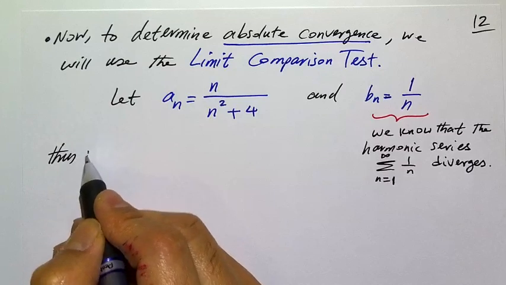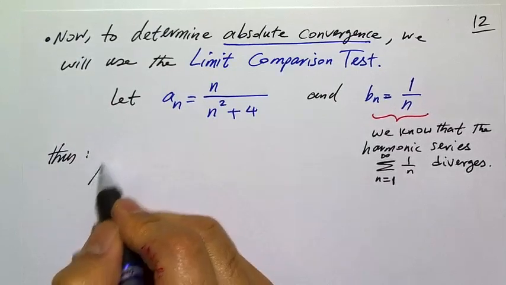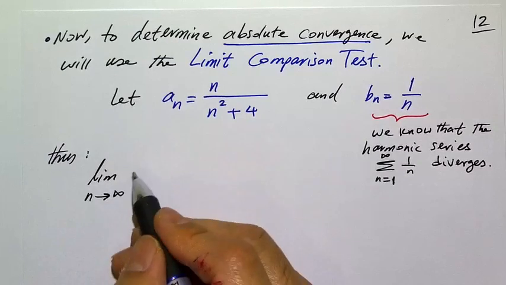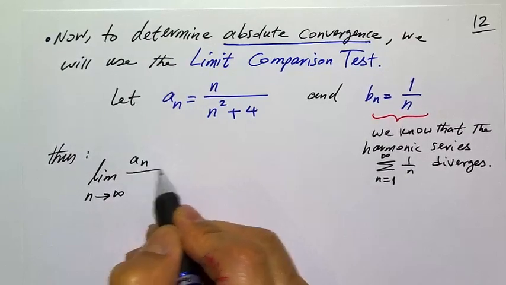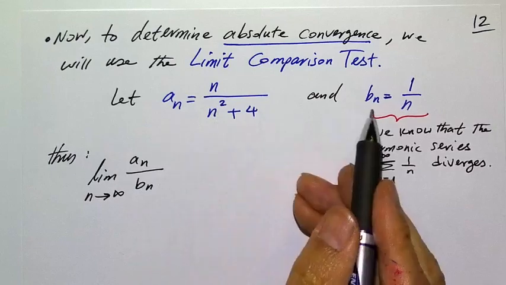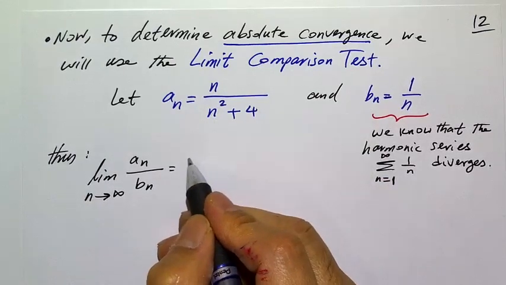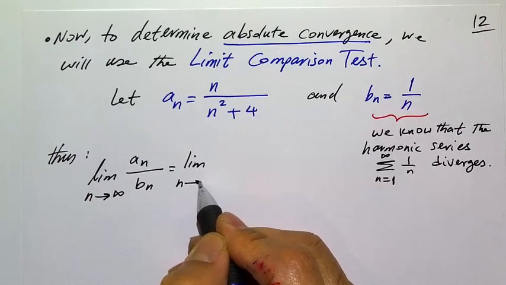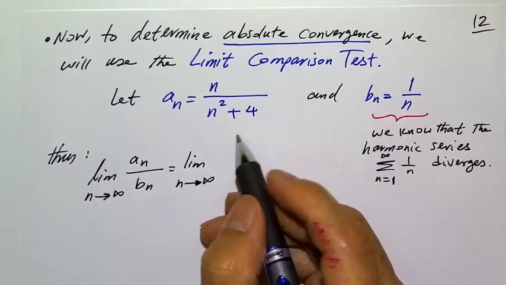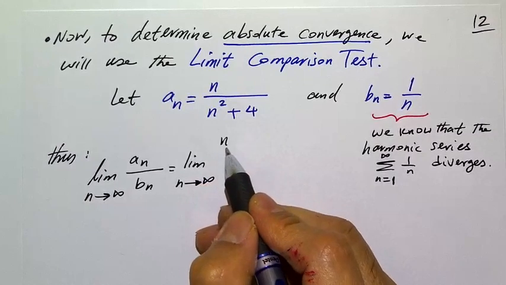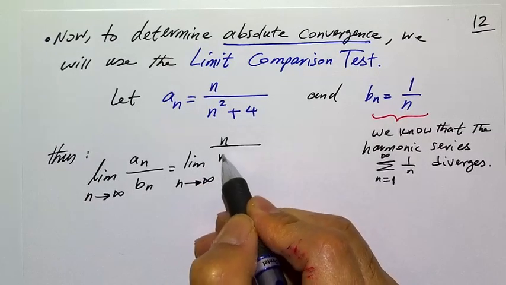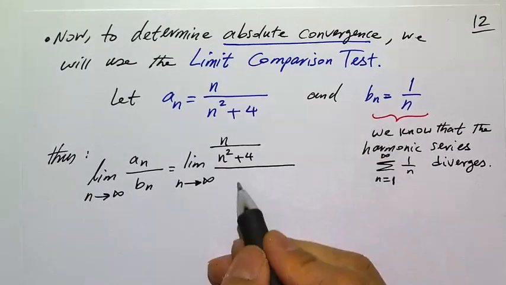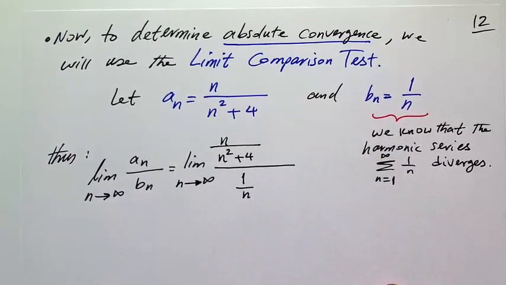So thus, the limit as n goes to infinity of an divided by bn is equal to n divided by n squared plus 4, divided by 1 over n, right?